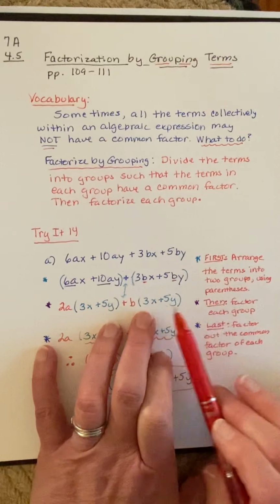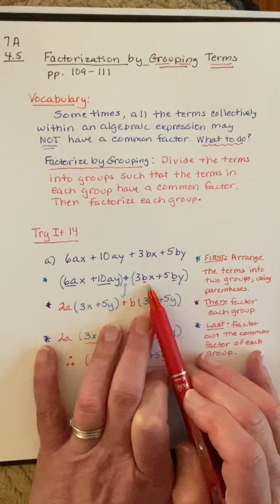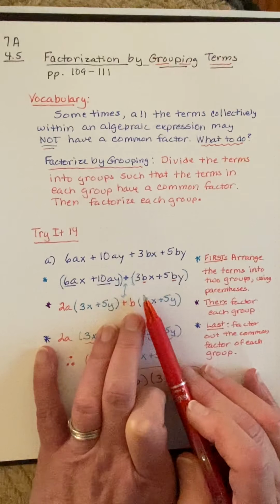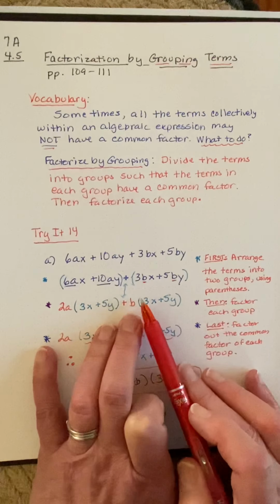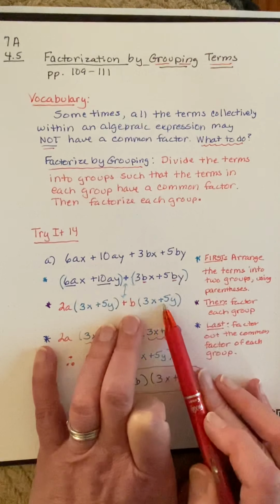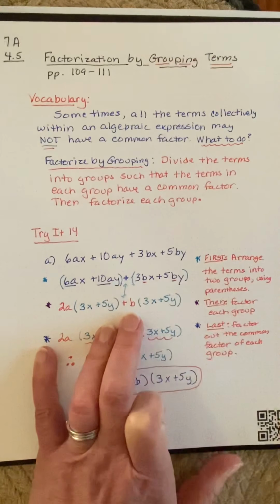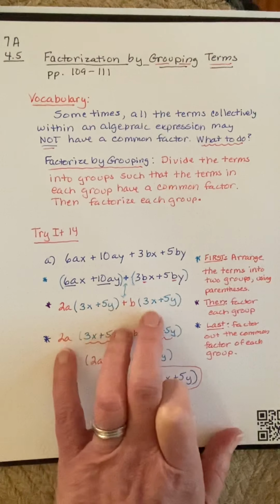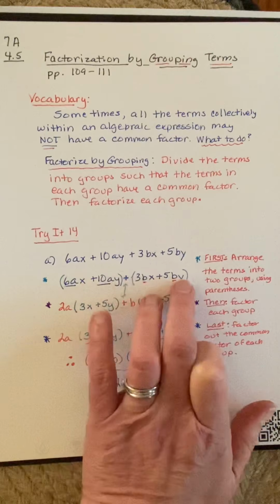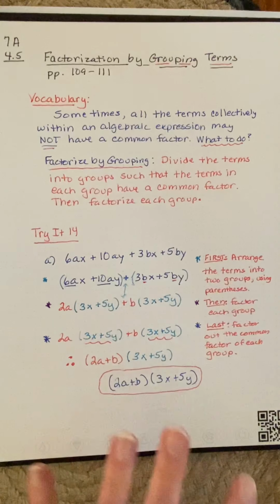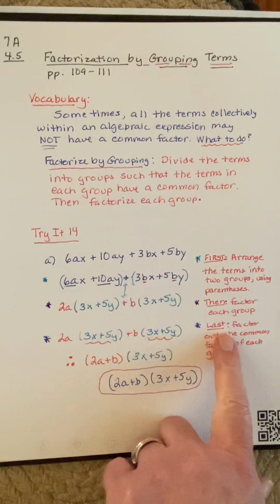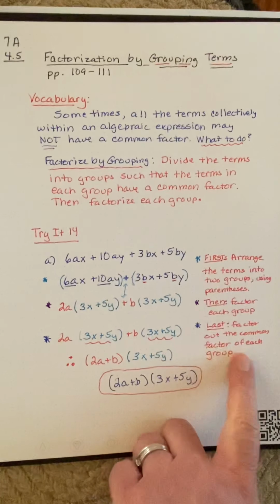Here, I'm going to continue factoring. I'm going to factor out the b because that's common to both. If I do that, I am left with b times (3x plus 5y). And if I multiply that positive b by each of these, I end up with the positives that I have above. Now, the last thing I do is factor out the common factor of each group.